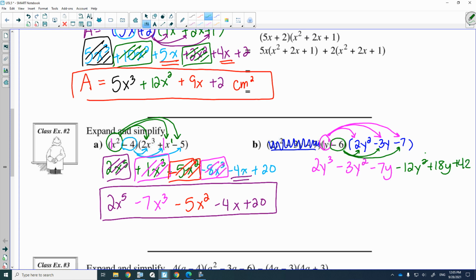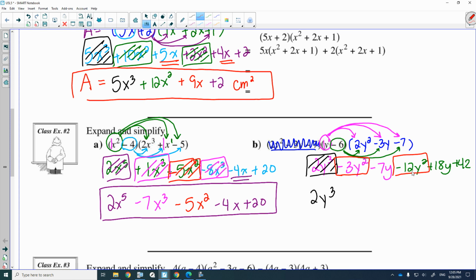Put your like terms together. There's no other y cubes, so I'm going to bring that down. For the y squareds, check to see that you'd enter this on your calculator correctly. Yes, and how you would get that is type in negative 3 minus 12.